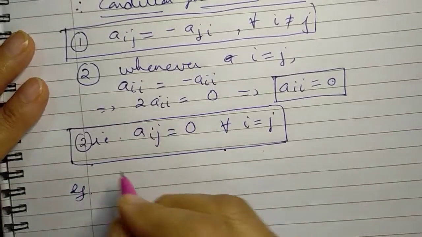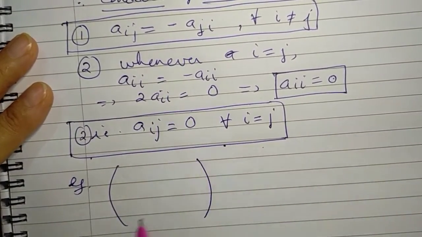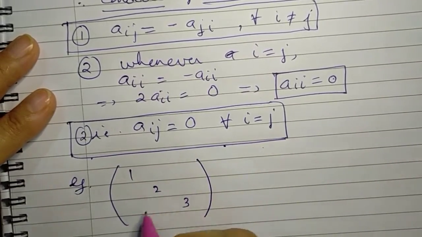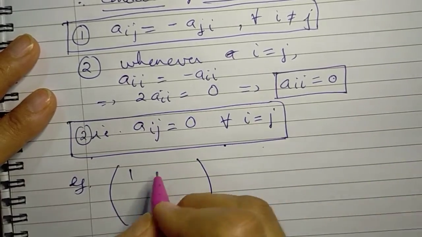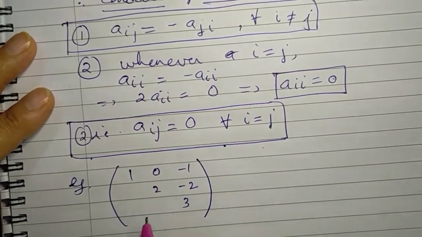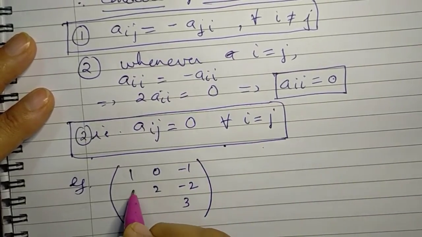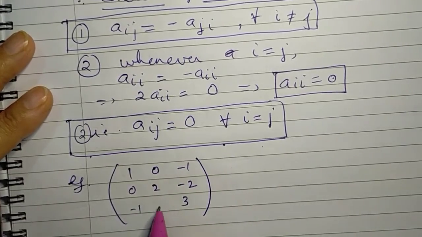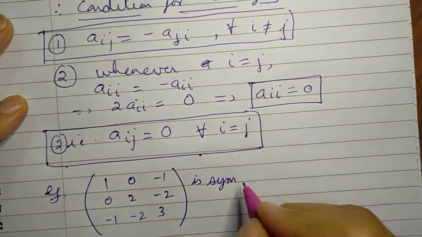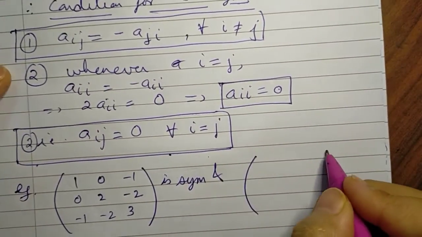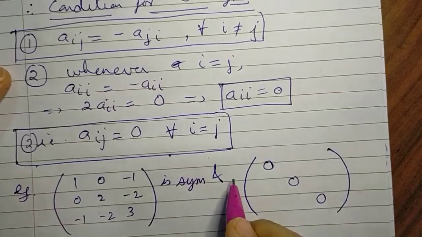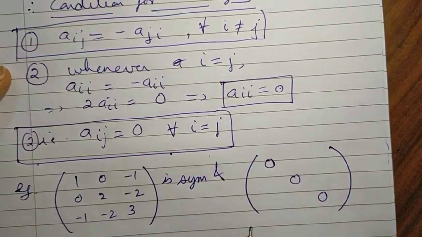So for example, if I have to write a symmetric matrix, I can simply write anything, 1, 2, 3, and then the elements on either side should be the same. So if I write 0, minus 1, minus 2, suppose, the mirror image position should be this 0, this minus 1, this minus 2. This is symmetric. Whereas for skew symmetric, the first criteria is all the elements in the principal diagonal should be 0.